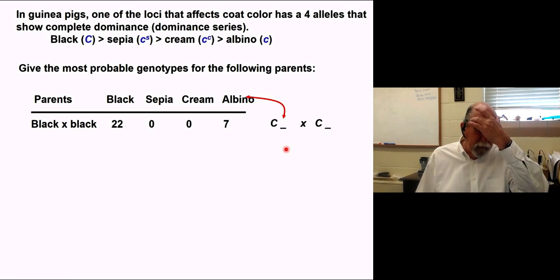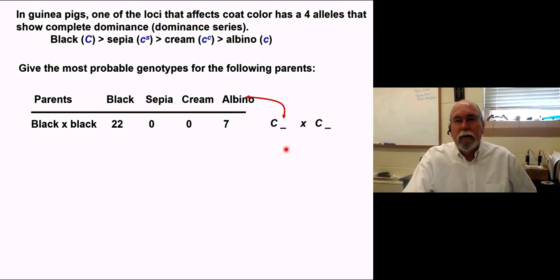Now, the other thing we can do is go back to some basic logic. If it had been 24-to-1, it doesn't matter. If you get 1 albino, that means because this is a completely recessive allele, it had to be hidden over here, right? In order to be albino, you've got to be little c, right?